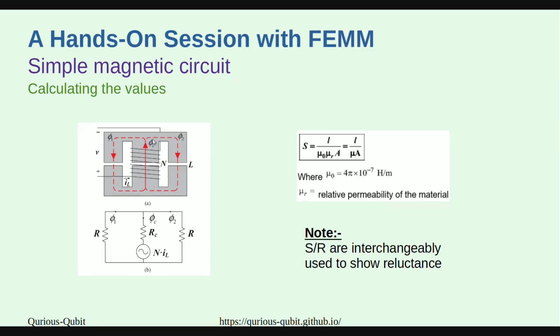We don't know where the saturation will be high or low, so we cannot do the exact calculation. So ideally we put it to infinity or some value like 10,000 or 15,000, which is approximately equal. That is what we assume, and then do the calculations.